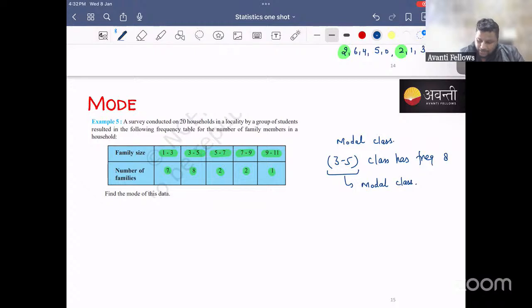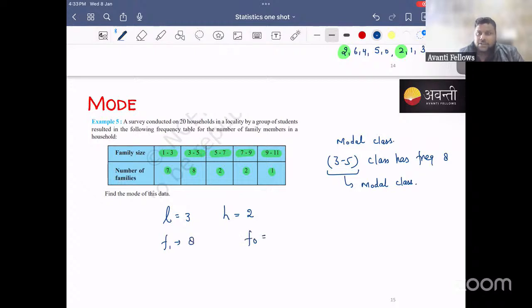Am I clear? Now let's see the values. L is what? Lower limit of the modal class. So L is 3. H is what? Size of the class. So H is 2. Now, F1 is what? F1 is the frequency of the modal class, 8.